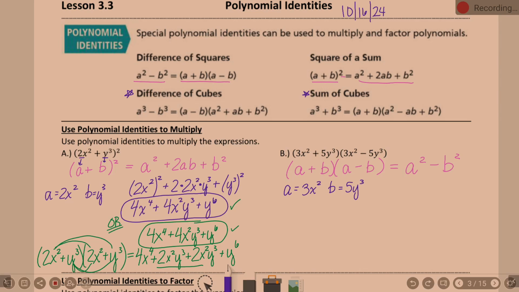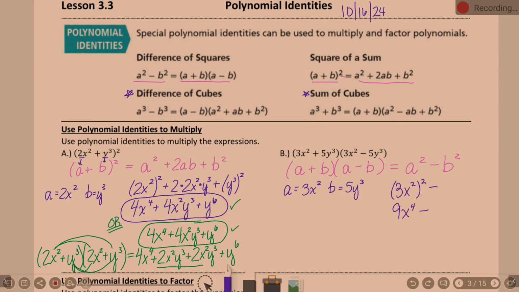So the idea is, my formula says a squared. Well, what is a? We just said a was 3x squared, so it would be 3x squared quantity squared. What is 3x squared when you square it? 9x to the fourth.